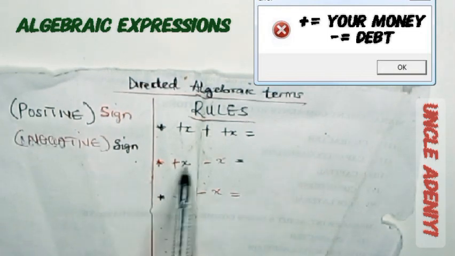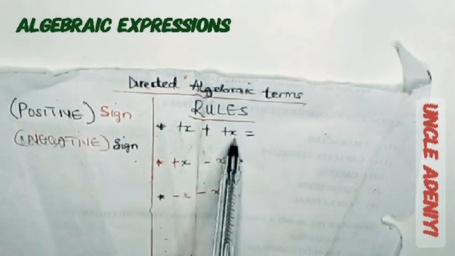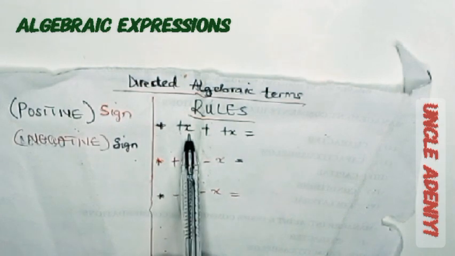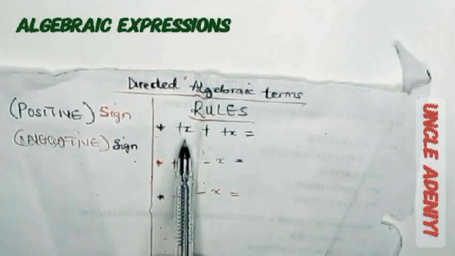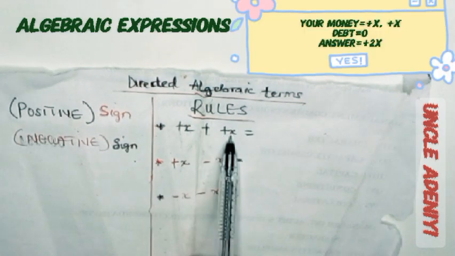Now, use that trick for this thing. Plus x plus x. This is plus x. That means it is yours. Then you have another plus x here. So when you say plus x, which is 1, another plus x, which is 2, right?